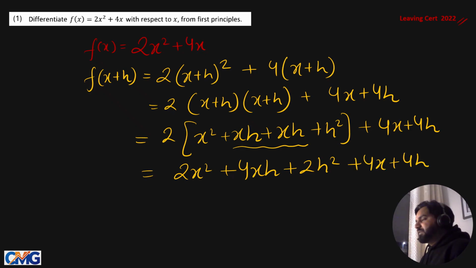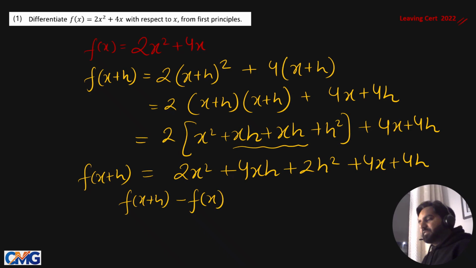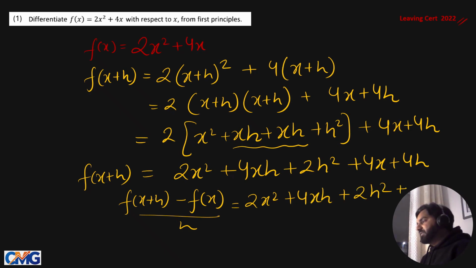Now this is our f of x plus h, right? Now we will use the formula here. So f of x plus h minus f of x, divided by h. So what you'll get here is 2x square plus 4xh plus 2h square plus 4x plus 4h.